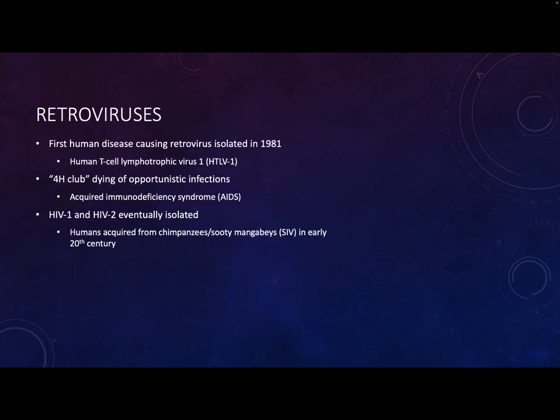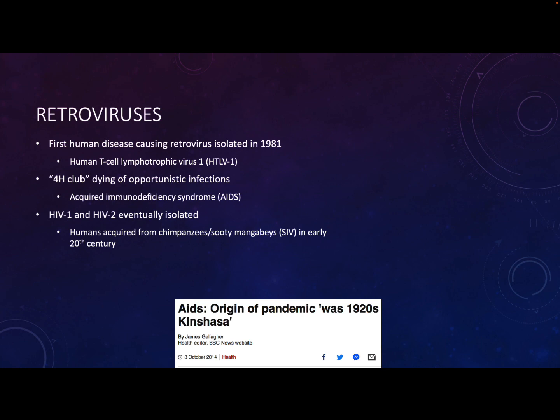There is a very closely related virus called simian immunodeficiency virus, SIV, and it was able to mutate and jump into humans in the early 20th century, so early 1900s, in Kinshasa, Democratic Republic of Congo. So the origin of the pandemic was very likely 1920s Kinshasa.